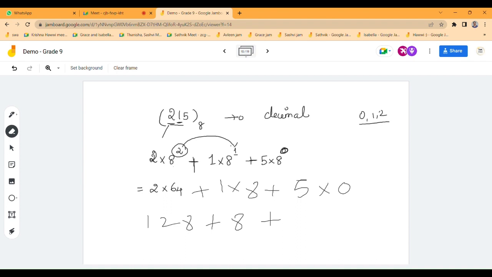Wait, anything power 0 is equal to 1. Okay, very good. Go to next slide now.